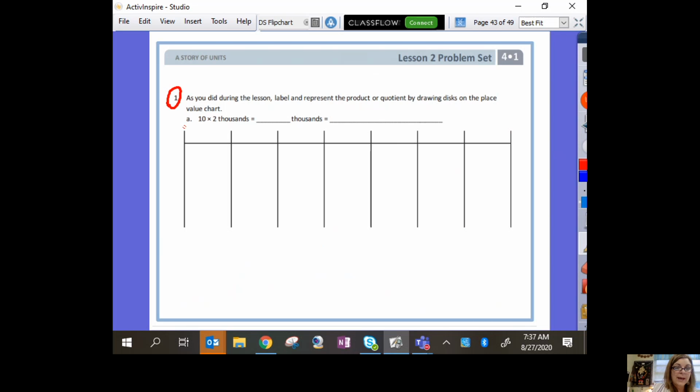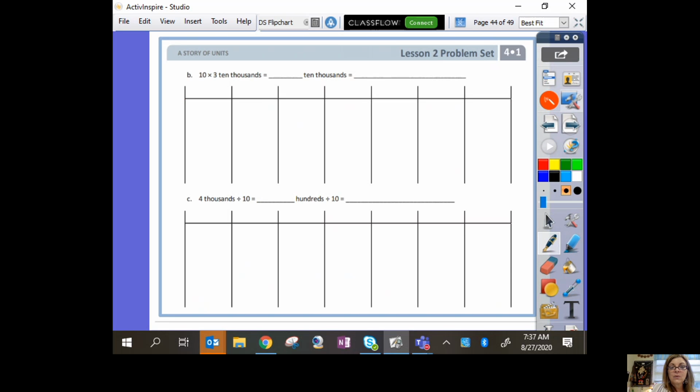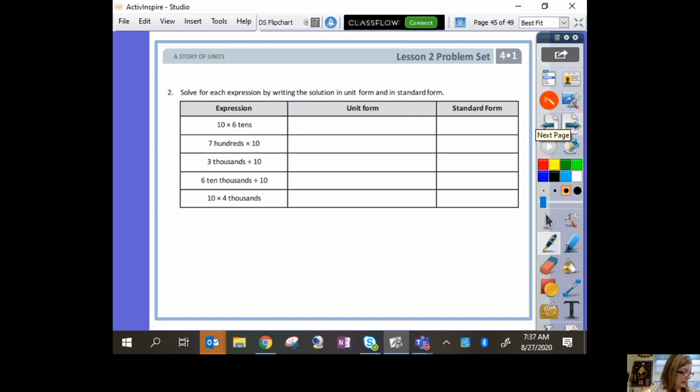I want you to do A, and you can go back and circle these as B and C. I want you to do all 3 of those. I want you to do number 2.